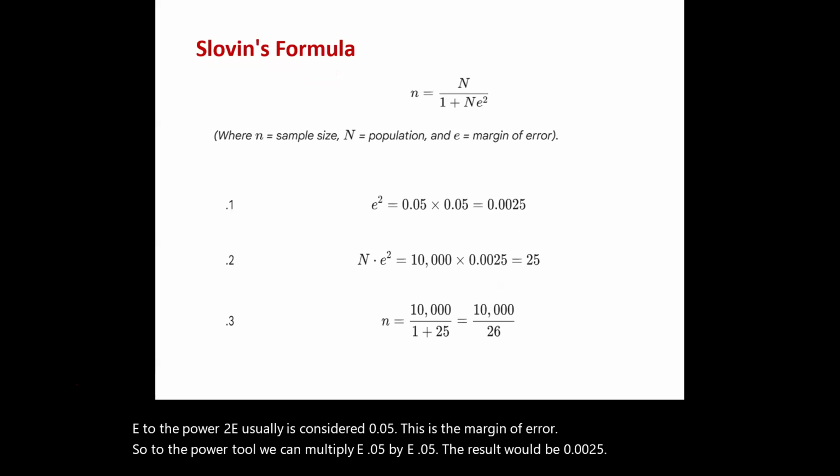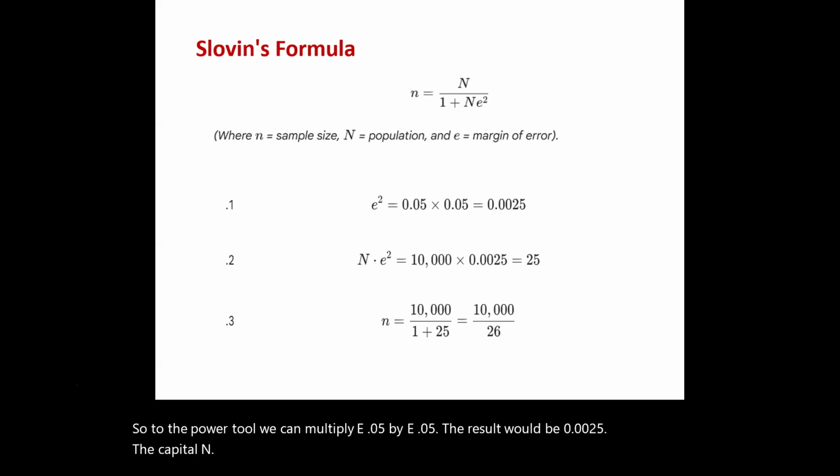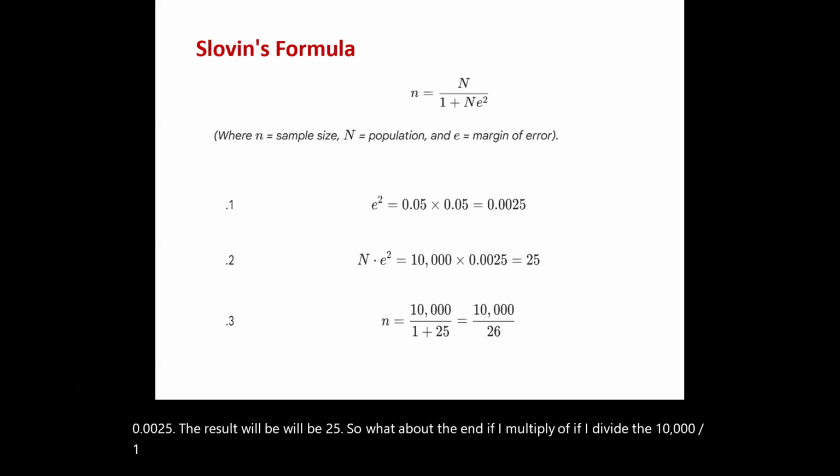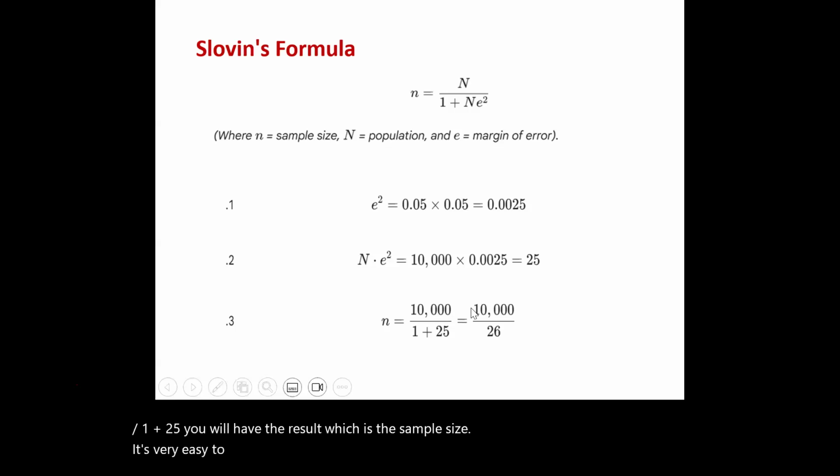The capital N, if I have a population, for example, 10,000, we multiply the capital N, which is 10,000, by 0.0025. The result will be 25. So what about the n? If I divide the 10,000 over 1 plus 25, you will have the result, which is the sample size. It's very easy to calculate it by the Slovin's formula.